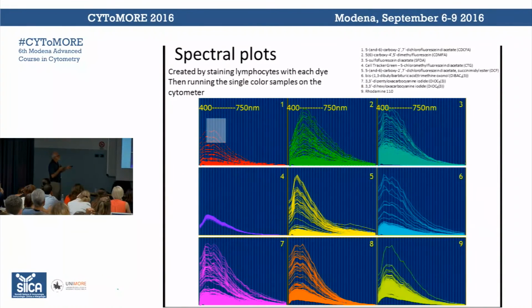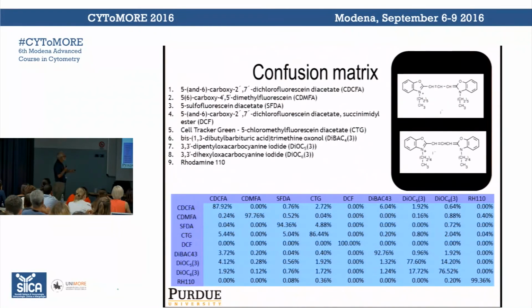So let's take these dyes. All these dyes have the same spectrum. They're different chemistries. All come out of the Molecular Probes Handbook, or whatever it's called today. I think it's still Molecular Probes. To me it is. Some are better than others, but they are 9 green dyes. If you do some analysis of those, it turns out that you can separate many of these dyes using a spectral property.